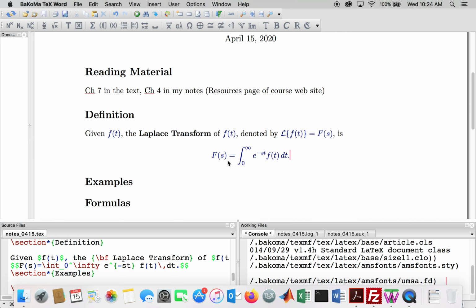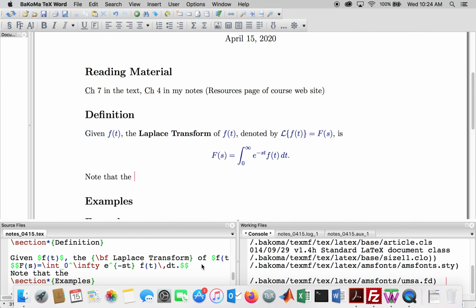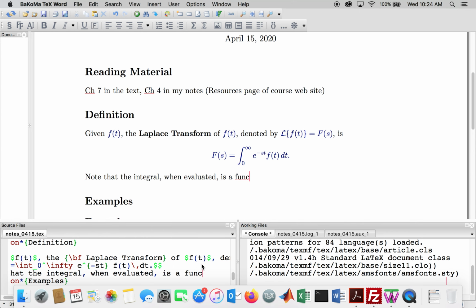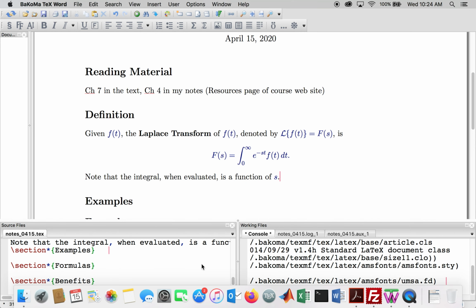That is your Laplace transform, a function of s.